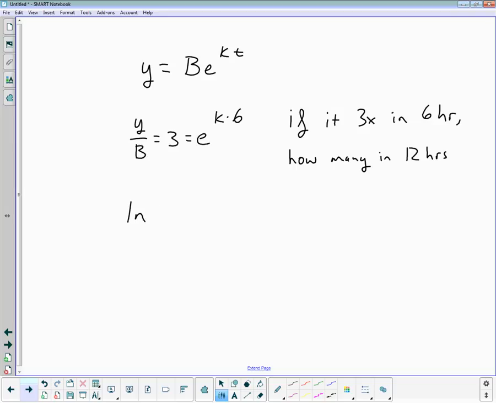So natural log of 3 is equal to natural log of e to the 6k. Natural log of 3 is 6k. K is equal to natural log of 3 all over 6.